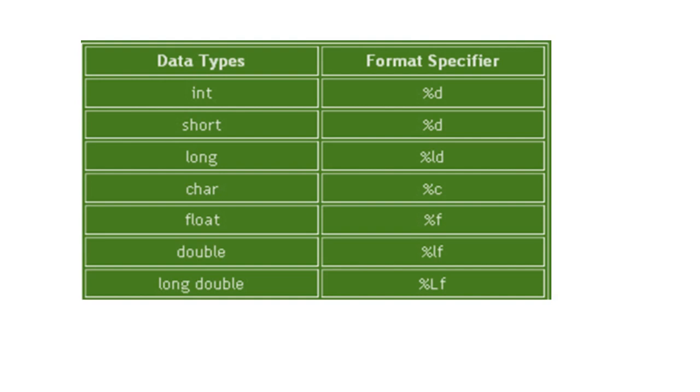If we have created a variable of type int, we have to use %d. If you have created a variable of type char, then we have to use %c. If you have created a variable of type float, then you have to use %f.